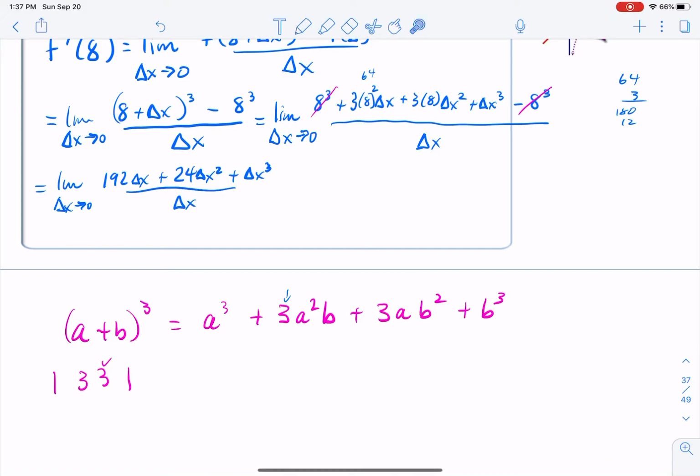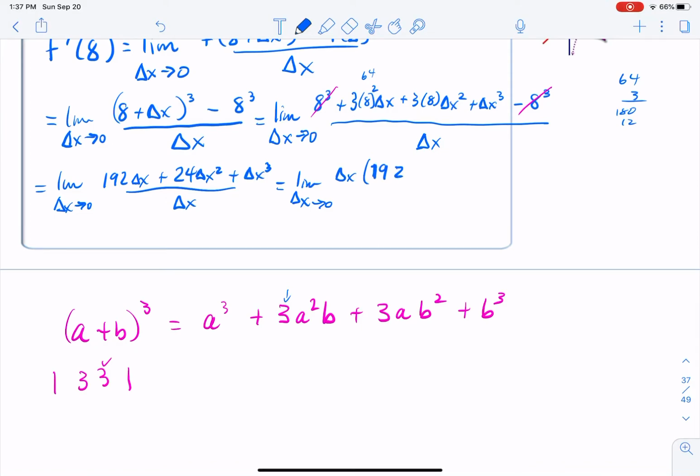Now, of course, I could just go through here and cancel out one of the factors of delta x. I am encouraging you to take that in 2 steps, though. Actually factor out the delta x separately so that you don't mistakenly lose one of them.